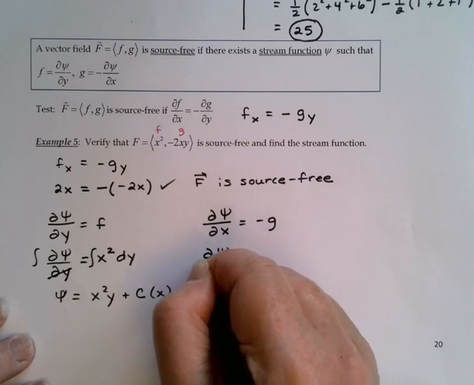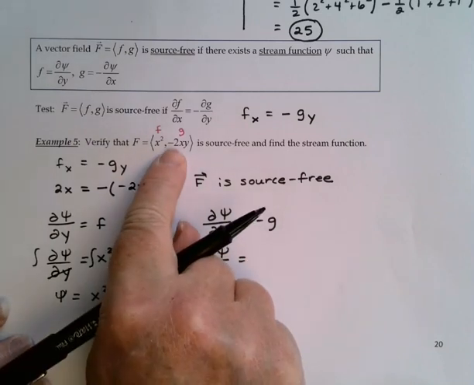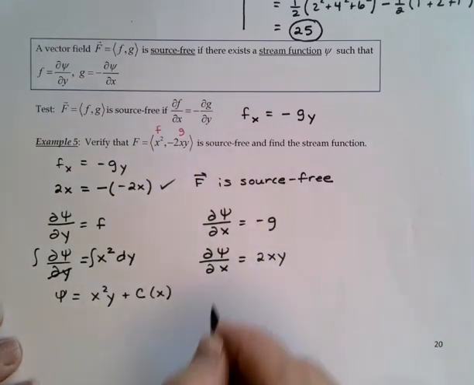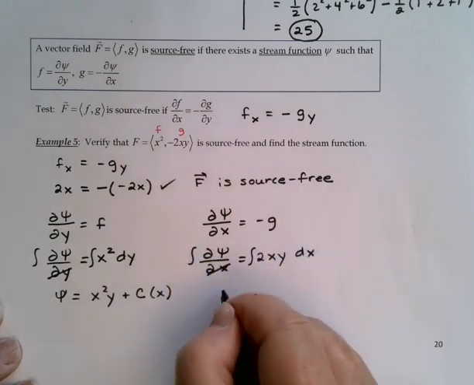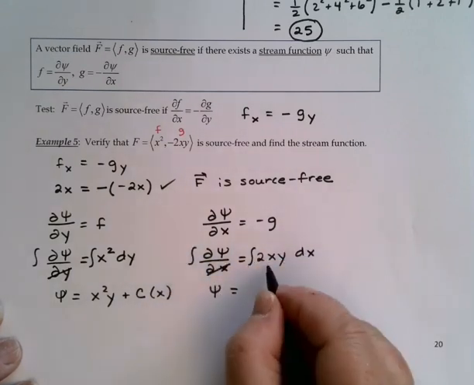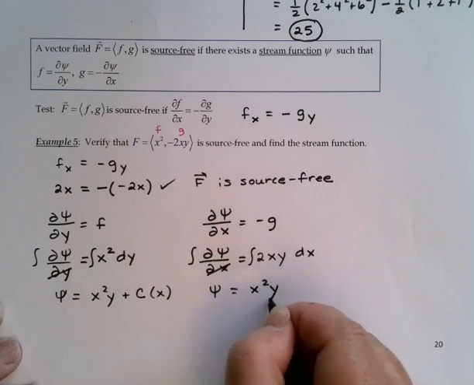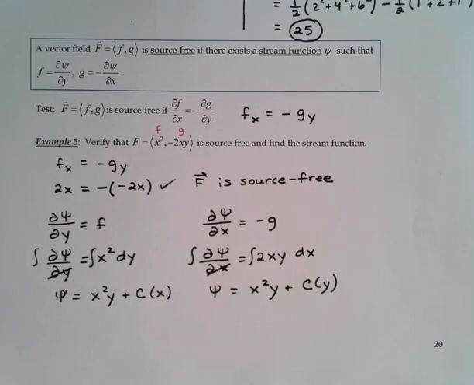So in this problem, dphi/dx would be minus a negative 2xy, or just a positive 2xy. And integrating that one, phi turns out to be x squared times the constant y, plus a constant that could depend on y.